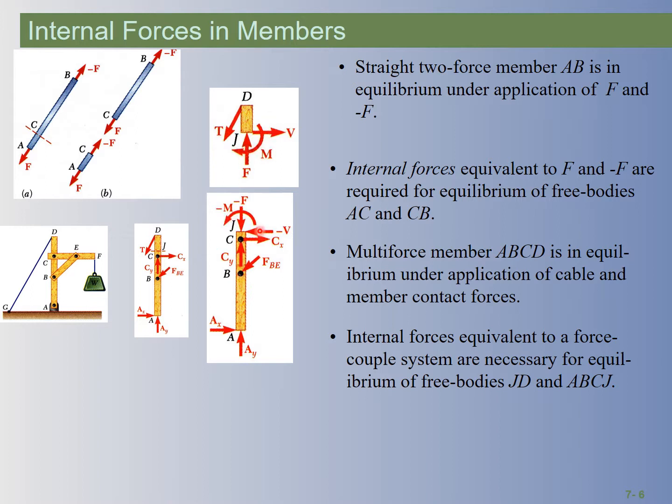And you can draw a free body diagram of each chunk of this thing, just like you would draw a free body diagram of anything. So you're going to dissect it, take just one piece, and wherever you cut through it, you'll replace that area with a bending moment, an axial force, and a shear force.